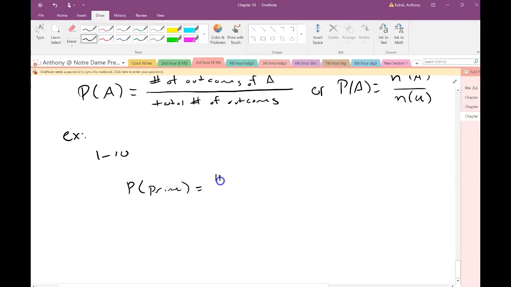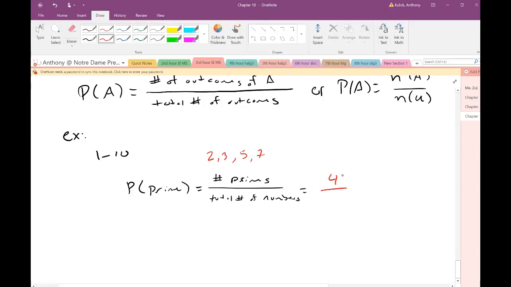Well, that's going to be the number of primes divided by the total number of numbers. How many primes do we have between 1 and 10? 2, 3, 5, and 7 are all prime.